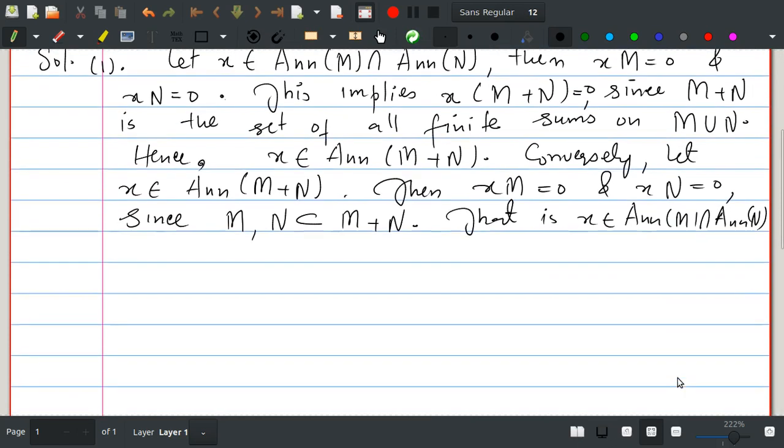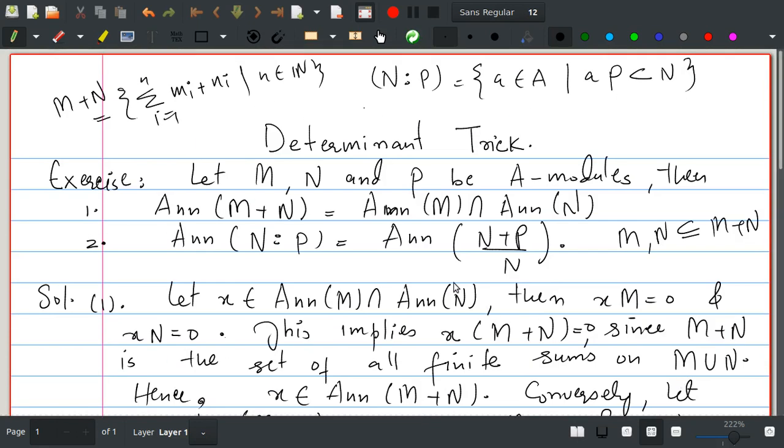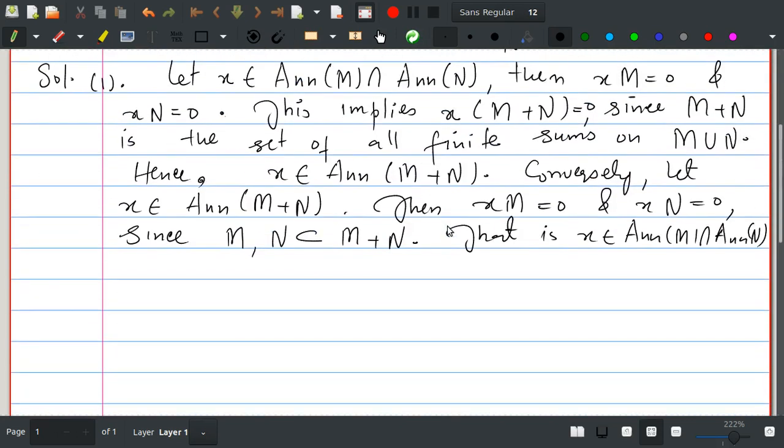So this shows the annihilator of the sum is actually the intersection of their annihilators.